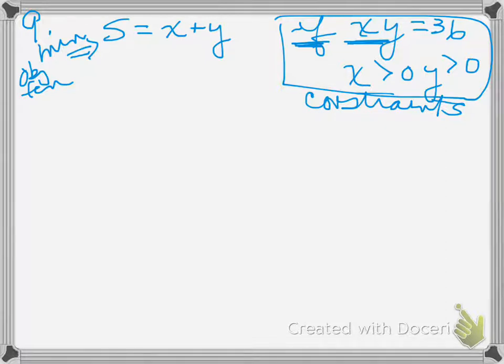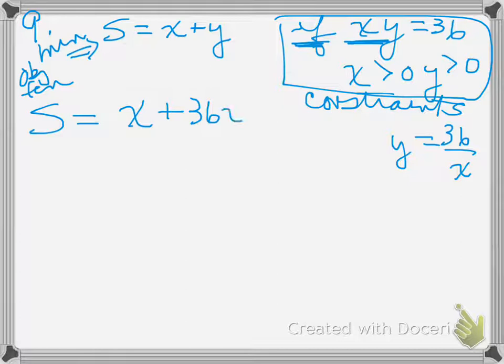So once again, take your objective function. It's a simple addition. You cannot have two variables, so I'm going to have y equals 36 over x using my constraint. I'm going to write that as 36 times x to the negative 1, because that's prepared now to be taken a derivative of. So s prime equals 1 minus 36 x to the negative 2.